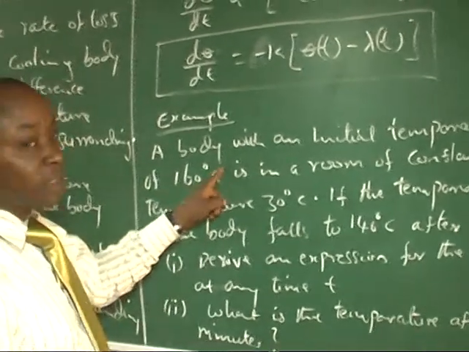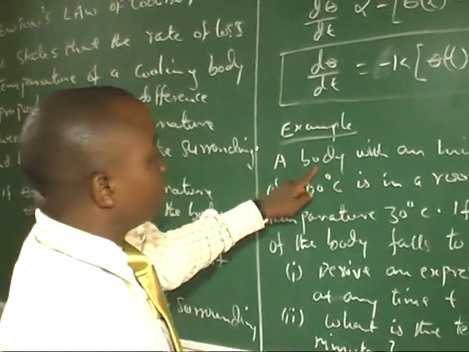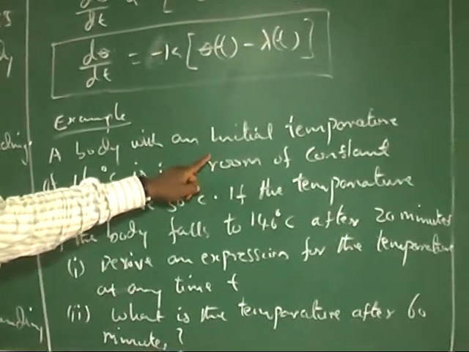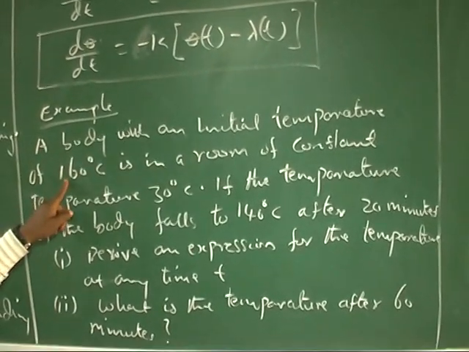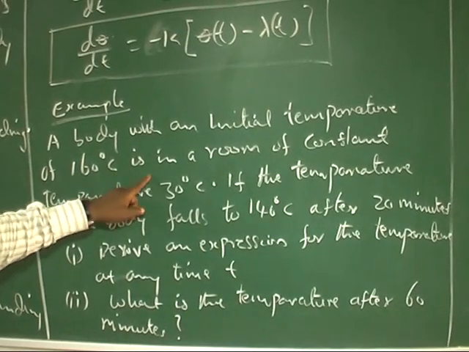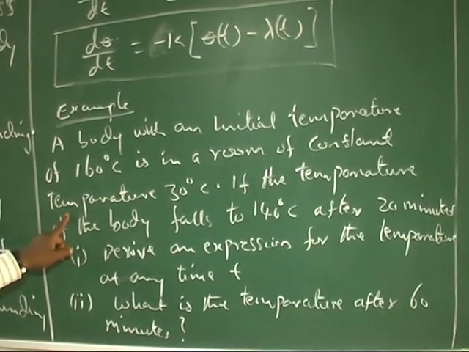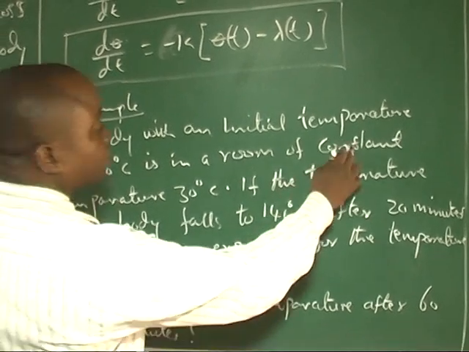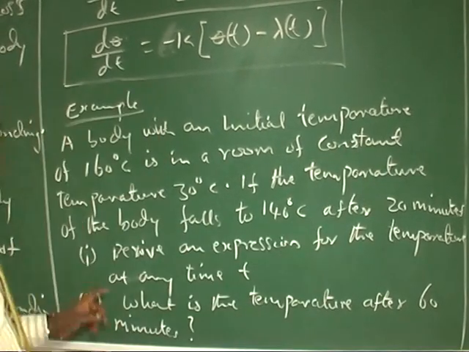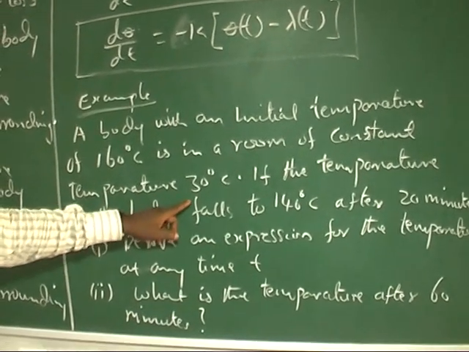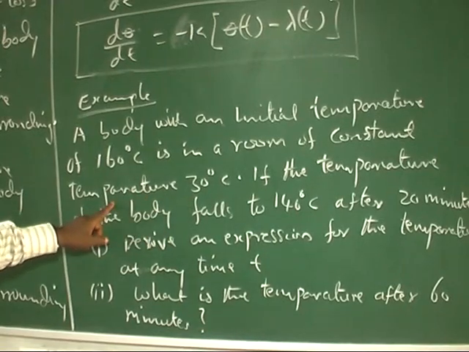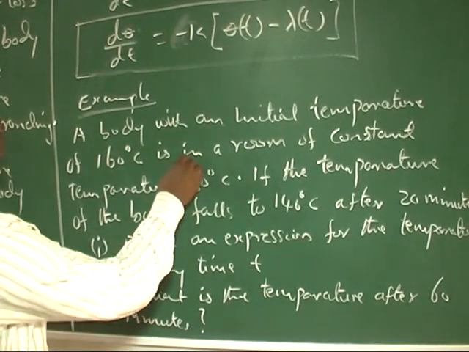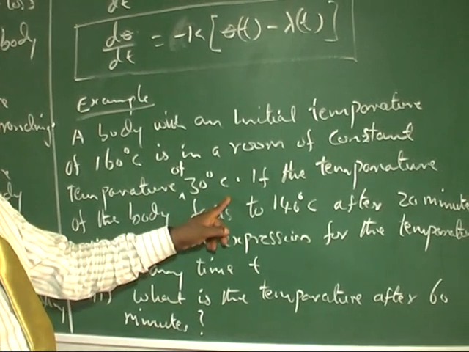So let's look at this example. A body with an initial temperature of 160 degrees Celsius is in a room of constant temperature of 30 degrees Celsius.